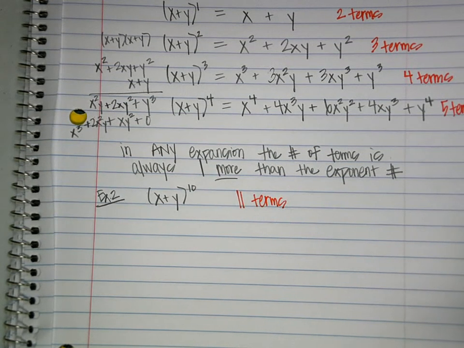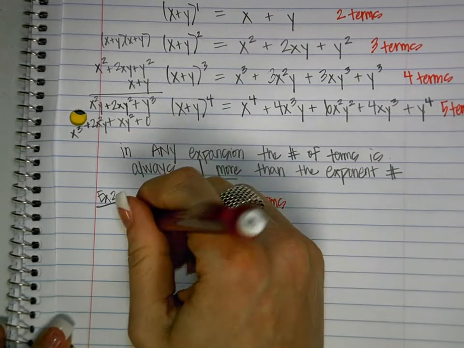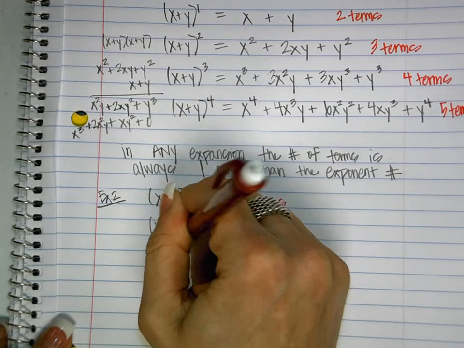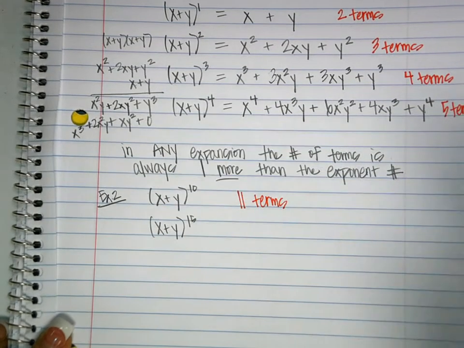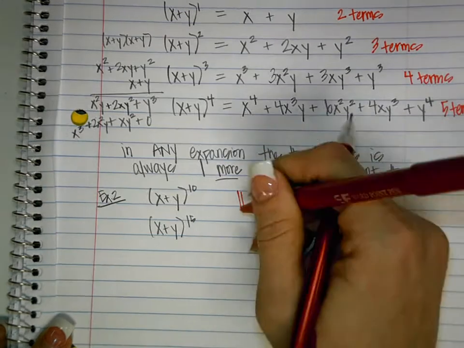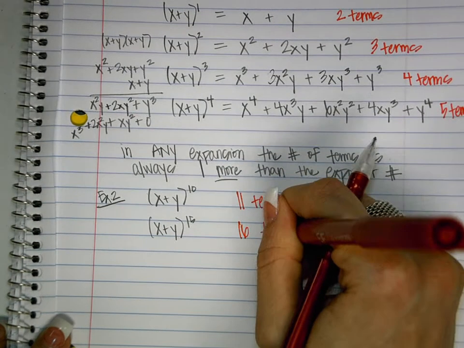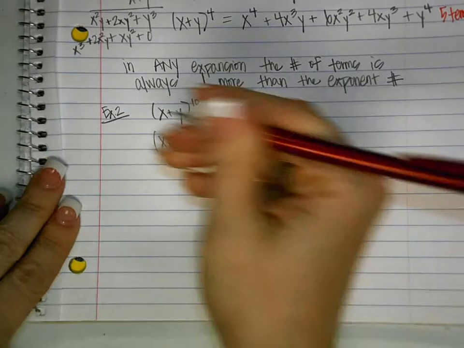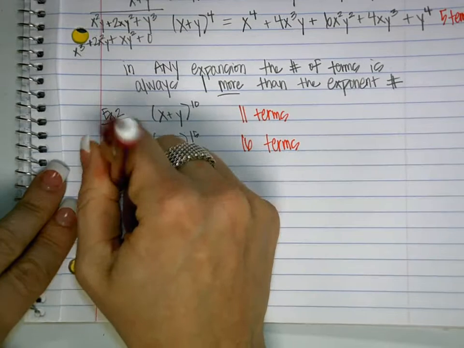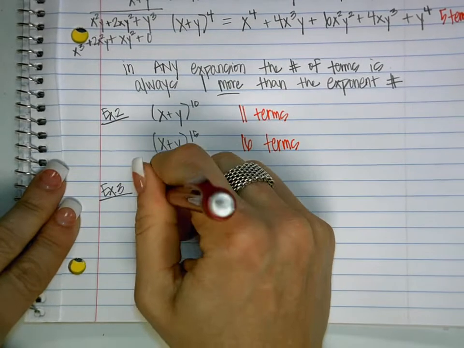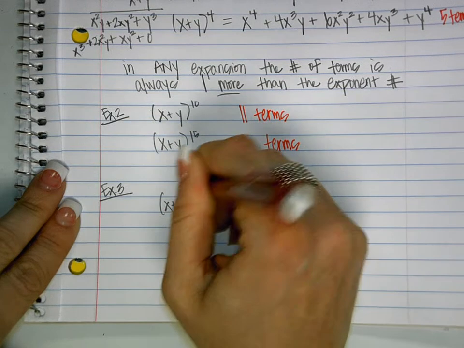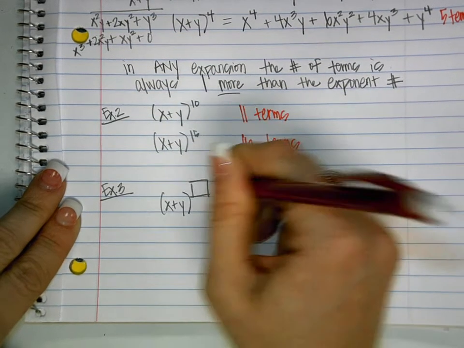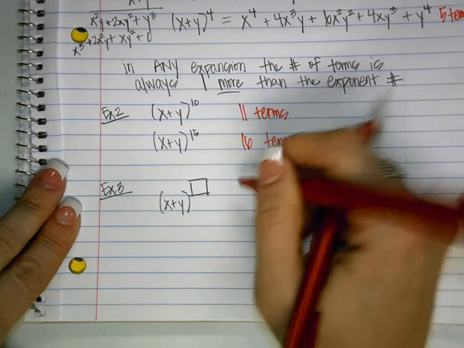There's always one more than the exponent number. What if I gave you x plus y to the 15th power? How many terms would that have? 16 terms. Fairly simple. Just try to keep it straight. Now, what if I went a little backwards? For number 3, x plus y to what power has 23 terms?